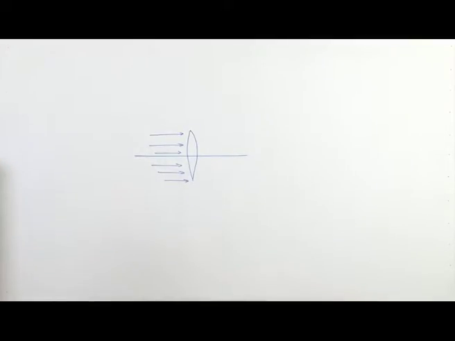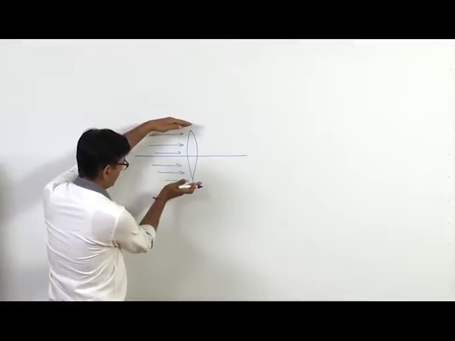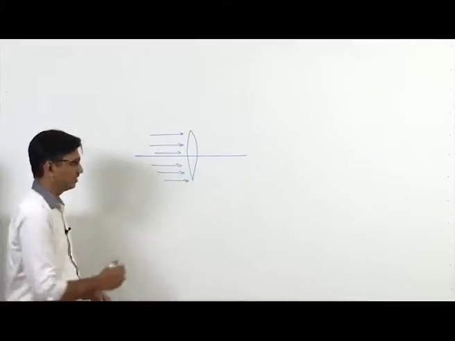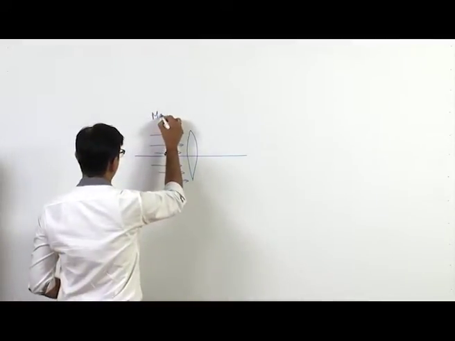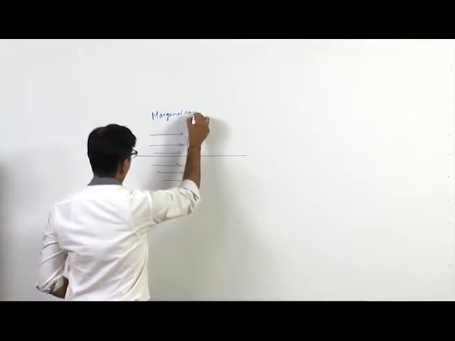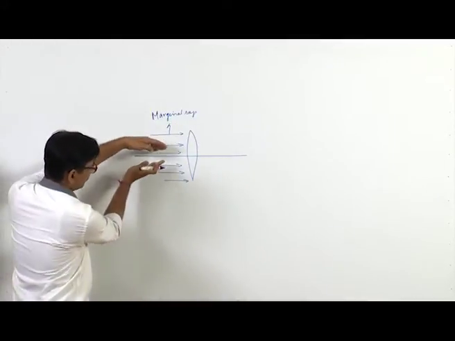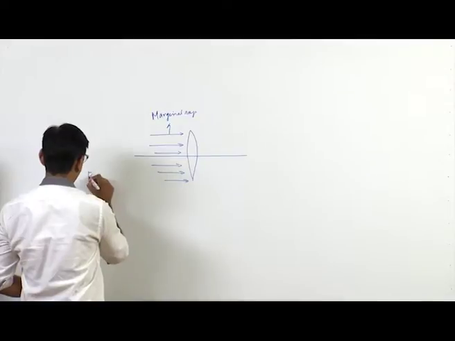In this ray diagram, the rays which are closer to the edge of the lens are called marginal rays, and the rays which are closer to the optic axis are called paraxial rays.